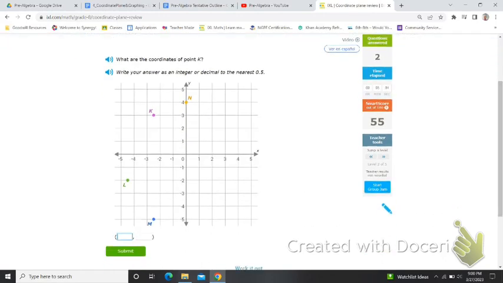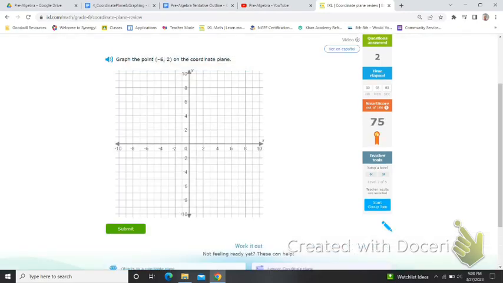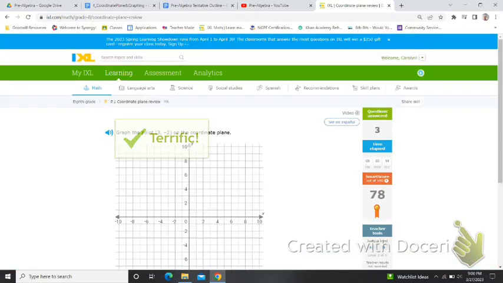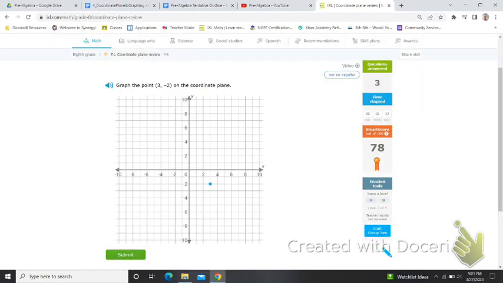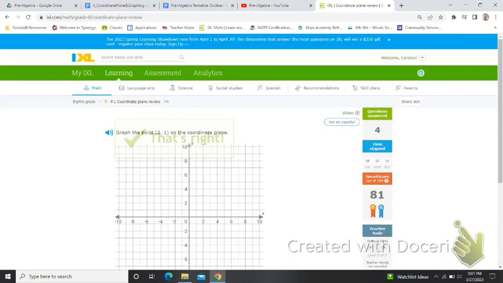So you may be asked to enter the points. Then we do have somewhere you're plotting the point. -6, 2, so 6 to the left and 2 up. Click and submit. 3, -2, so 3 to the right, down 2. 2, 1.